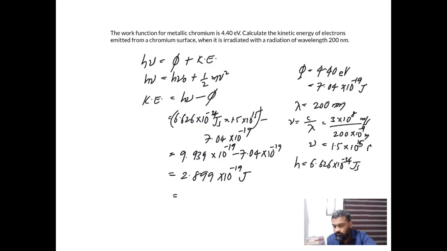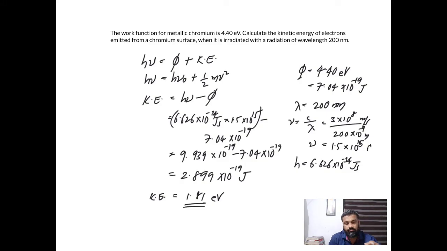So 1.811 electron volt. So this is the kinetic energy of the ejected electron from this chromium metal surface if we irradiate with a radiation of wavelength 200 nanometer.